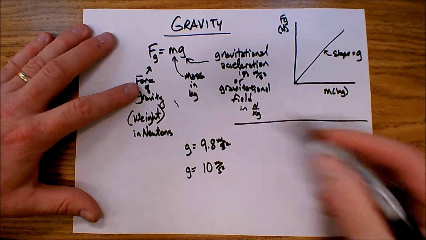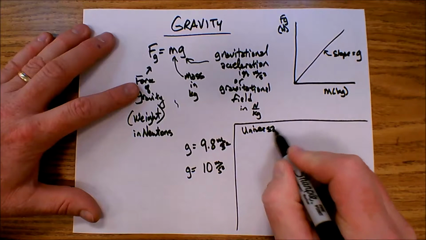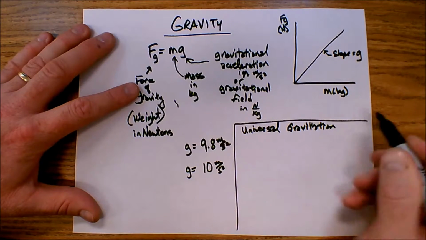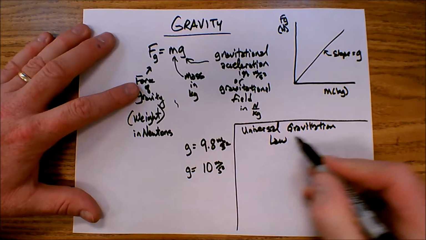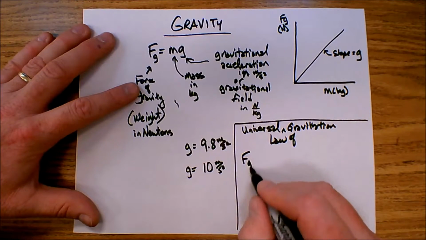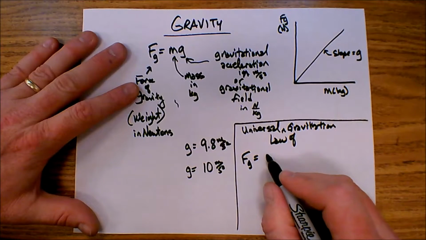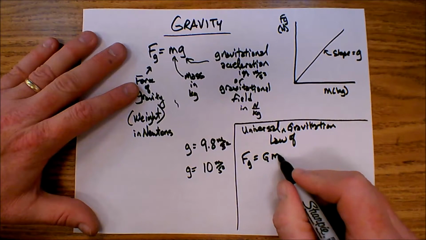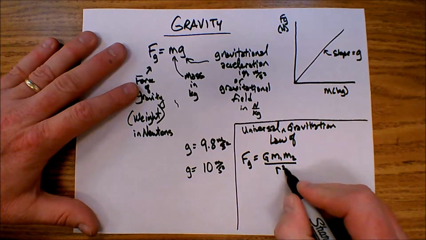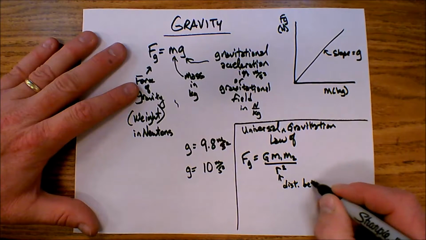We also learn from Newton's Law of Universal Gravitation that the force of gravity is a force of attraction between any two objects that have mass, and can be found by this simple formula: big G times the mass of object 1 times the mass of object 2 divided by r squared, where r is the distance between the centers of the two objects.